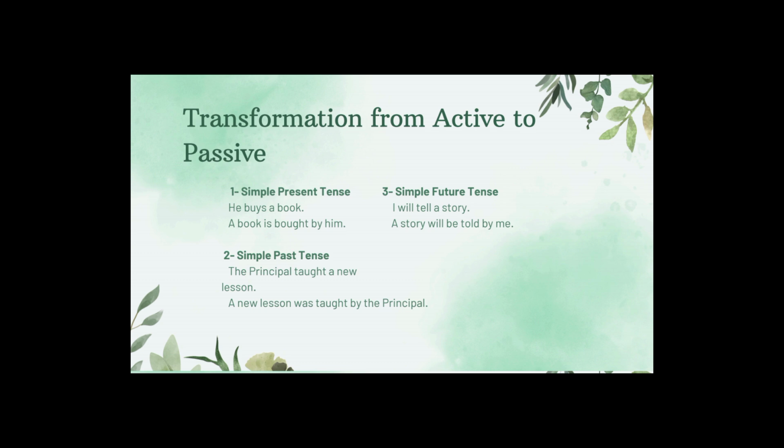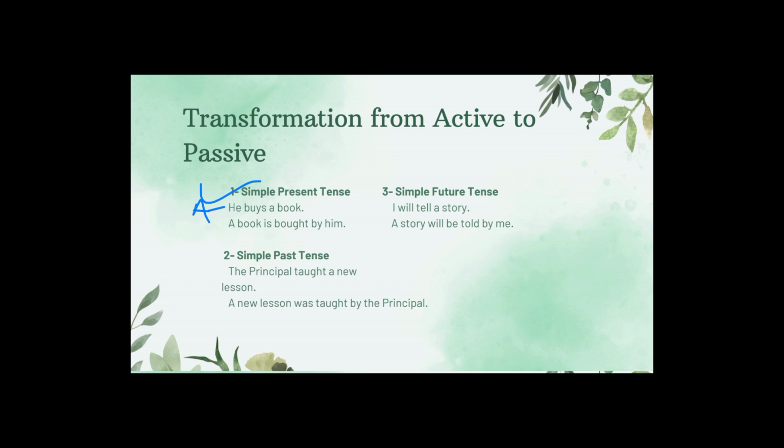As you can see, the very first tense is simple present tense. The sentence in the active voice is: he buys a book. When you change it into passive, a book becomes the subject, and the subject he in the active voice becomes him, as him is always used as an object.